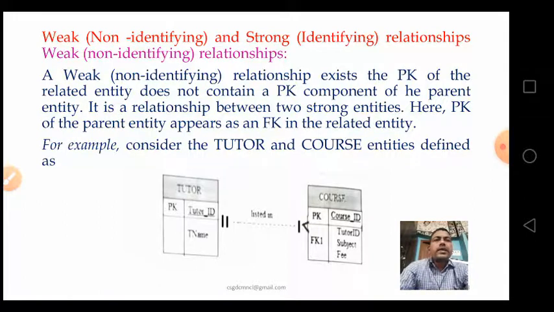A weak relationship exists when the primary key of the related entity does not contain a primary key component of the parent entity.